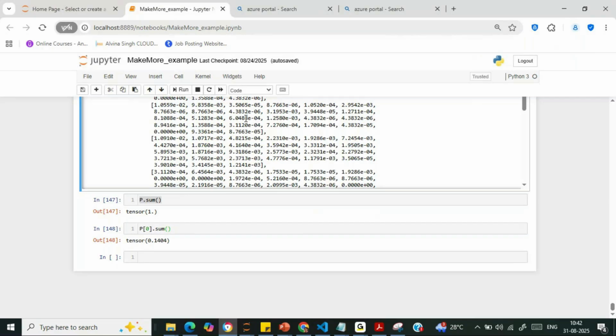But if we need to calculate the quality of this particular model, like how this particular model is behaving, we are not able to get that at this moment. Just have a look, let me try to do something.